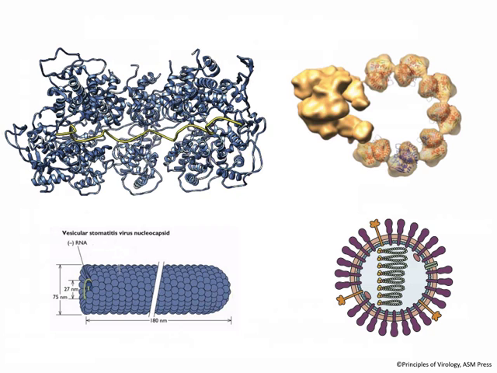The RNA is shown in yellow, and then these individual molecules of nucleocapsid protein are shown binding the RNA. There's a groove in the protein that binds the RNA, and then the proteins interact with each other. So lots of interactions, a very stable nucleocapsid. Are these covalent interactions, by the way? They are not, because they have to come apart at some point when RNA polymerization is happening.